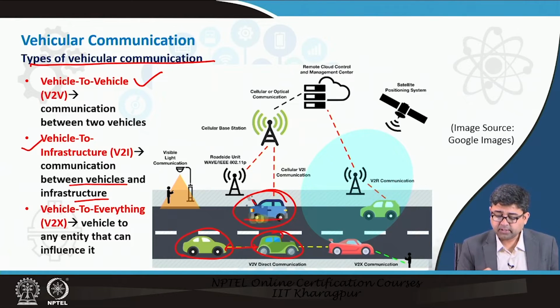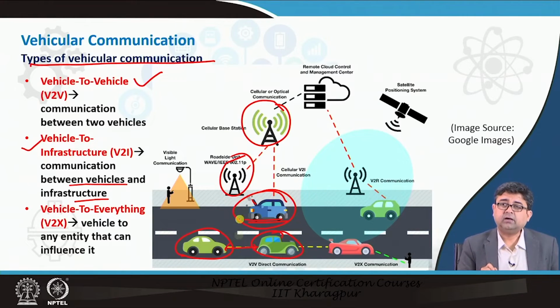My vehicle has broken down, and this is my location based on cell phone towers, and I need some assistance at this location, right. So, this is communication from the vehicle to some infrastructure, in this case to the TMC or to somewhere else, right.